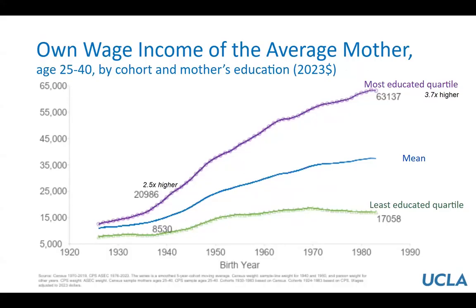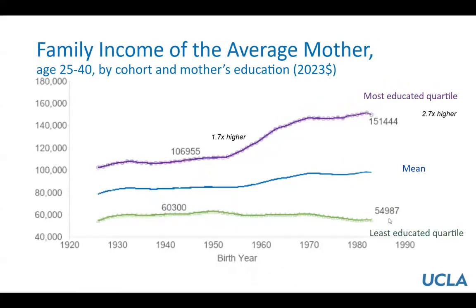The amount for the most educated women is roughly twice as high. By the end of the 20th century, it's almost 4 times as high. What's gone on there? There's been an increase in earnings inequality, an increase in the returns to skill, but there's also been a large increase in delay in marriage and an increase in the likelihood that the women are working themselves. So those two things have also served to amplify things.